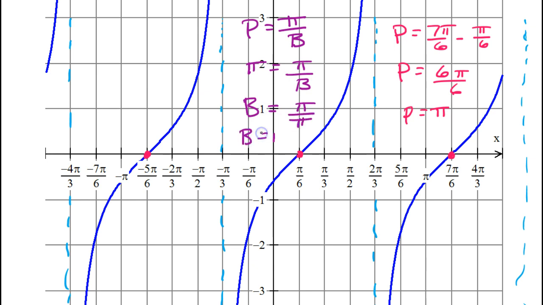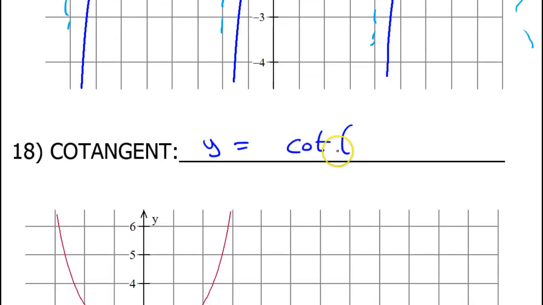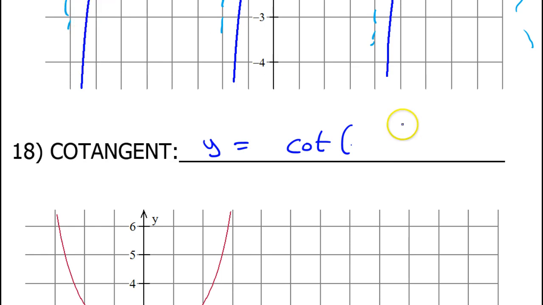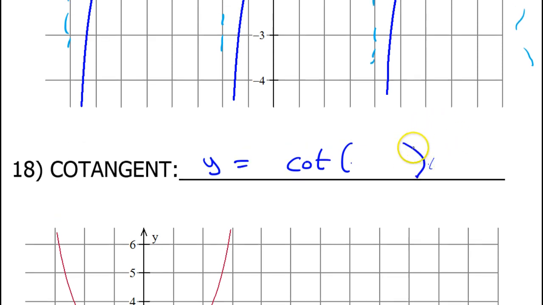So the b value is equal to 1. Hopefully it was obvious already, but there you go. The b value is 1, so we won't need any number in the front. Okay, the midline is the x-axis, so we won't need any number on the side.